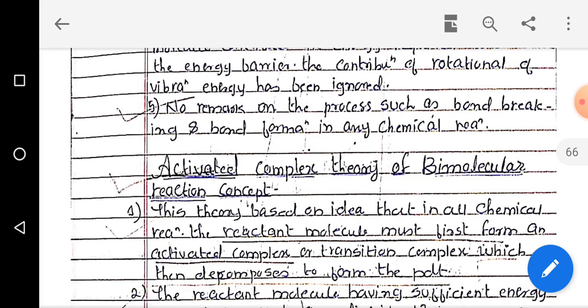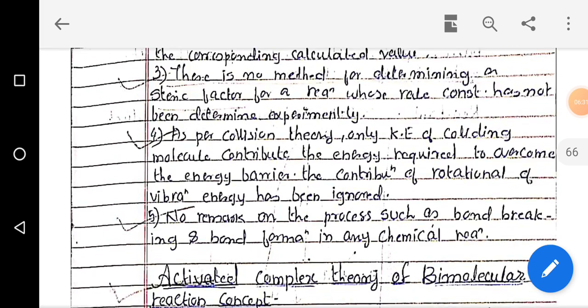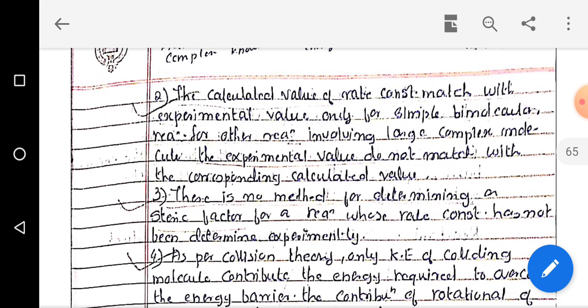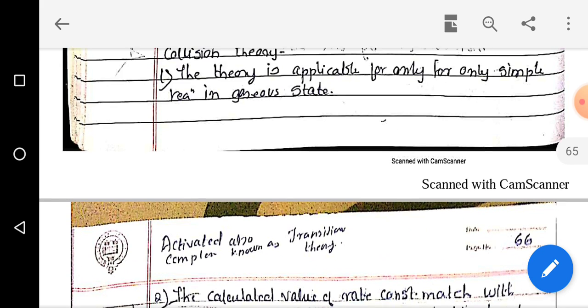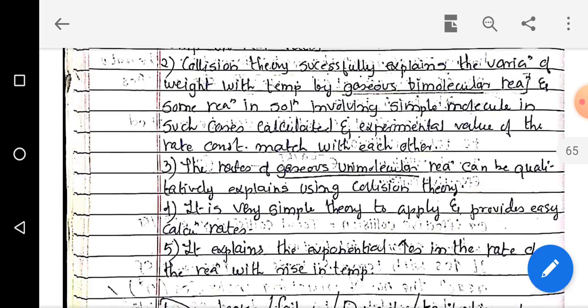As you break bonds, you have to supply energy; as bonds form, energy is released. This should also be explained so that the energy concerned can be easily understood. This part is skipped and is not in the collision theory, so this is also one of the drawbacks of this theory.